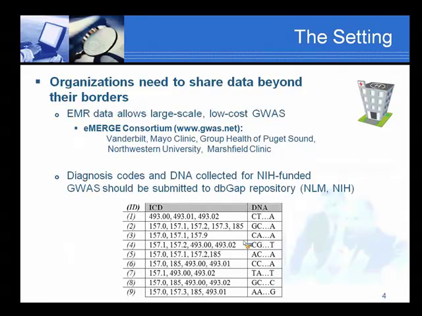Using large amounts of electronic medical records in this type of studies is promising because it can reduce the cost of genome-wide association studies as well as increase the scale of these studies. Furthermore, diagnosis codes and DNA collected for NIH-funded genome-wide association studies should be submitted to repositories such as dbGaP, which is a repository funded by NLM and NIH.